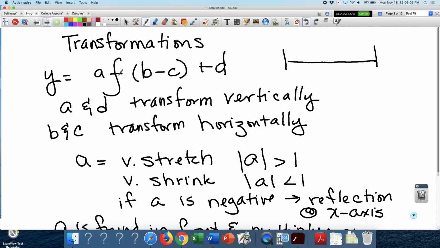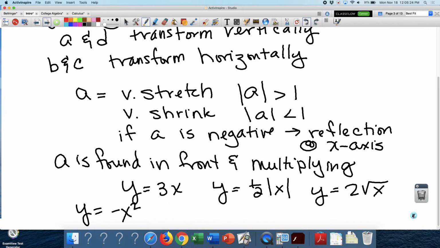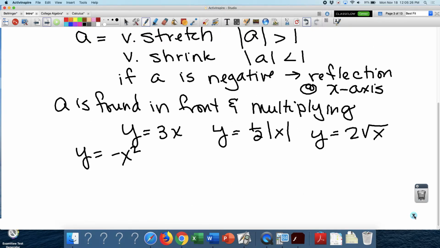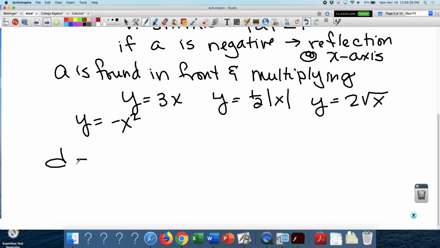I'm going to talk about the other vertical piece, and if you remember I said let's think about a bookshelf. The other vertical piece is on the very end, which is my D. Now my D tells me shift up or down. It acts exactly like it should. If it's positive, it's a shift up. If it's negative, it's a shift down.